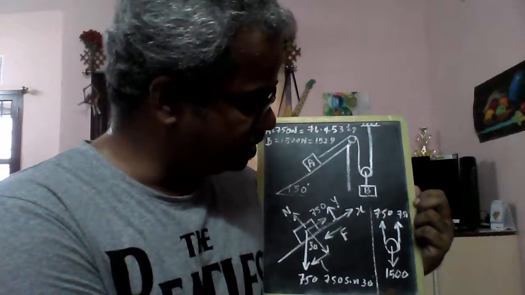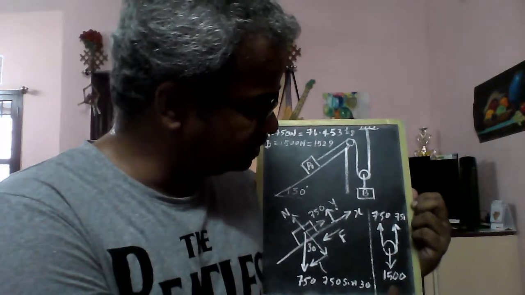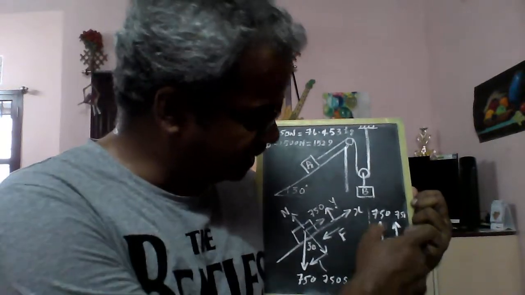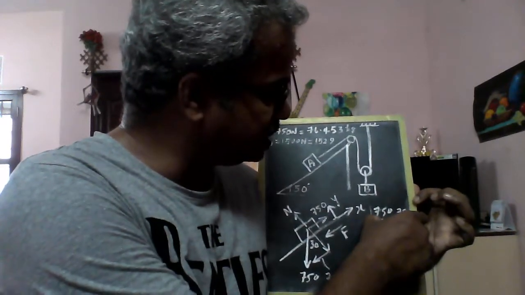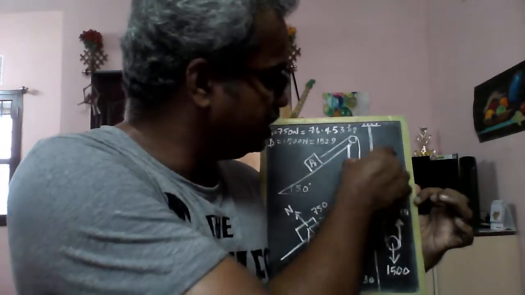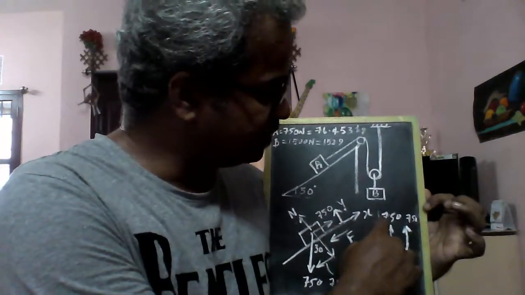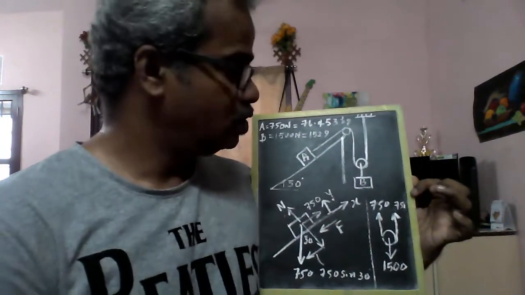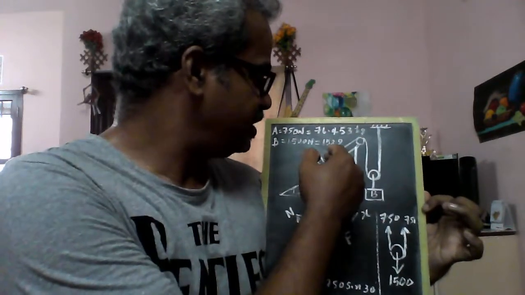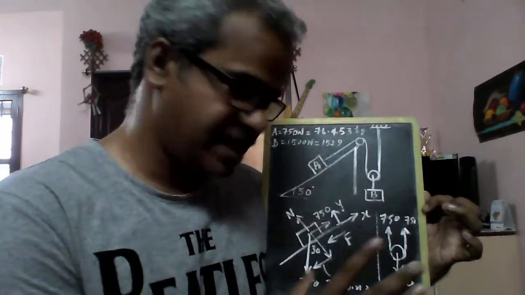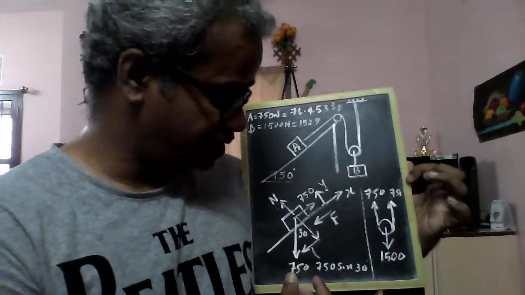Body B is 1500 Newton. It is equally distributed in these two strings attached on the pulley. So that is 750 and 750. So this 750 is the tension here in body A. That is how we have to find it out.